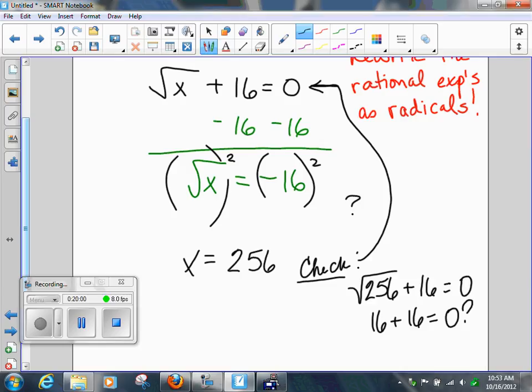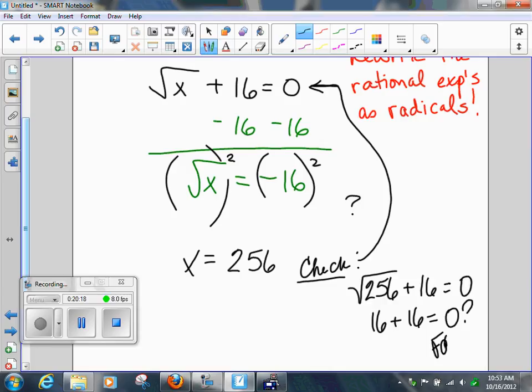What's the square root of 256? 16, right? 16 plus 16 equal to 0. But when is it just plus or minus? All right, first of all, let's look at it this way. Is this a true statement?